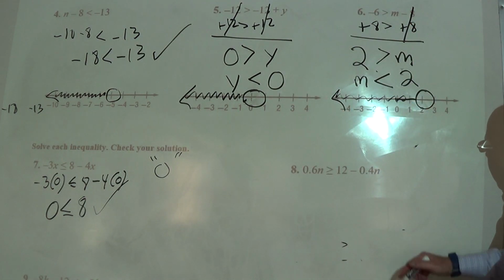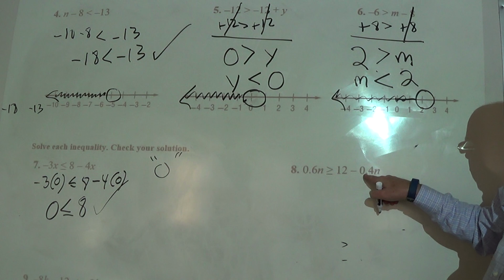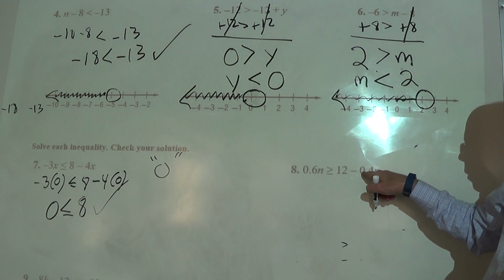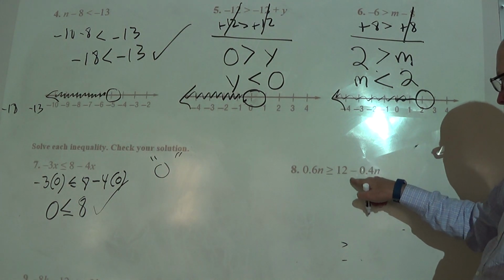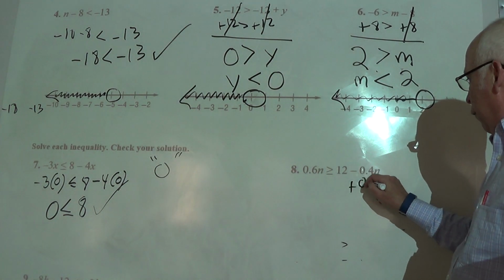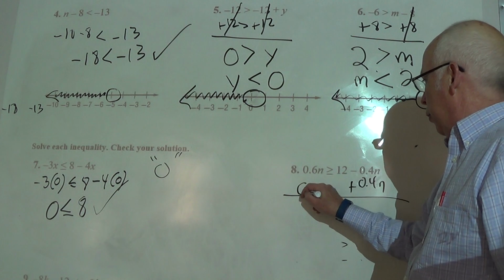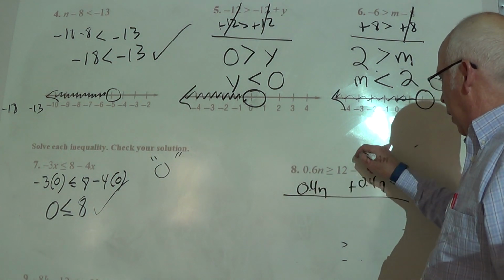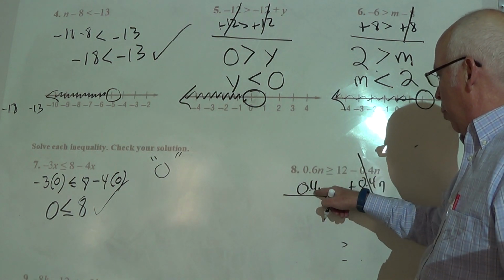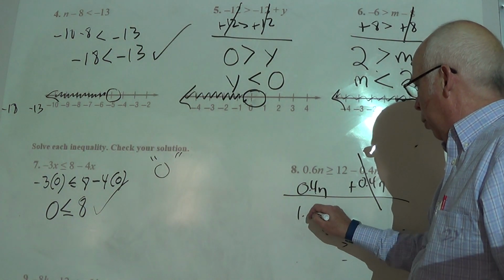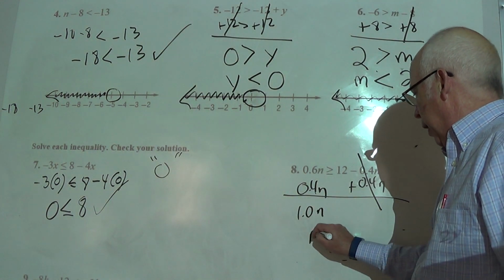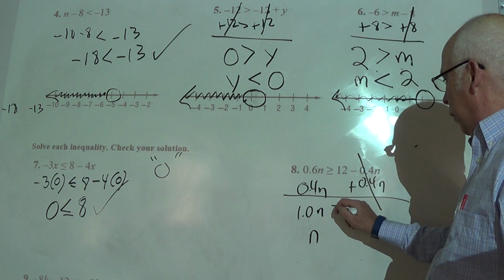All right, last one. All right, so looks like the only thing I can add is a negative number, and here it is. So I'm going to add 0.4n to this side. And if I do it to the right, I got to do it to the left. Right? That zeroes out. 0.6 and 0.4 is a 1.0n, or just n, all right, as we simplify things.